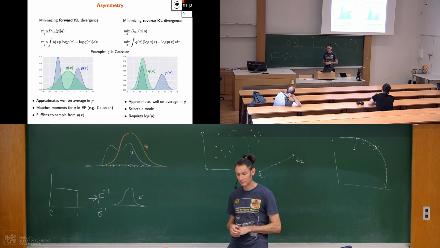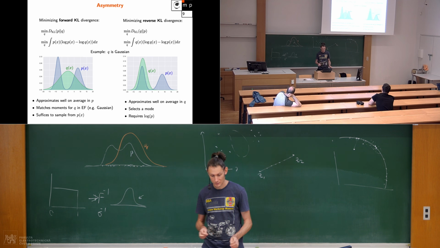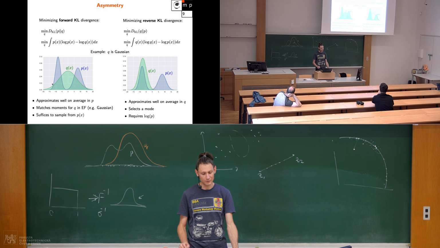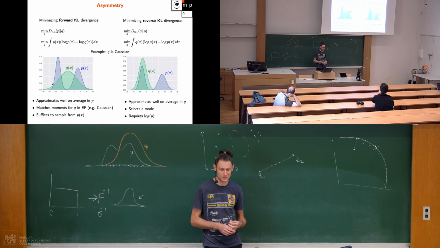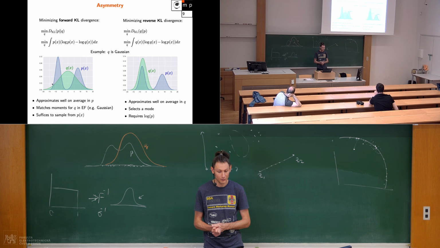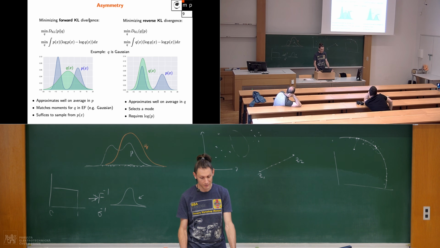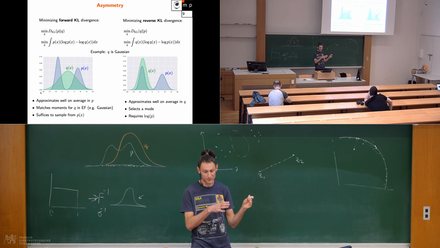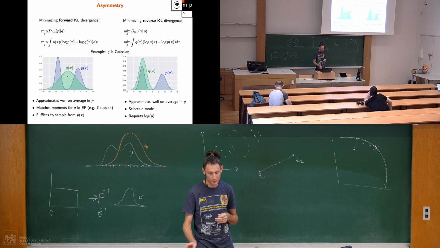Now about this asymmetry property, we have these nice illustrations. Suppose our target distribution is this P, and it's bimodal. And suppose we want to fit it with a Gaussian distribution. If we consider this forward Kullback divergence, from Q to P, then the best approximation looks like this.